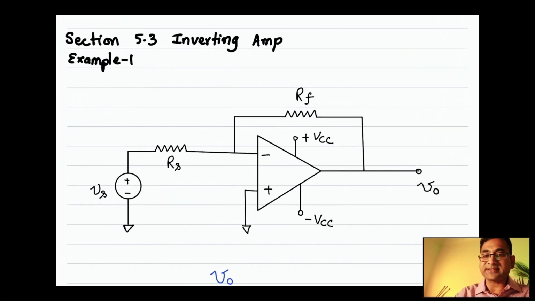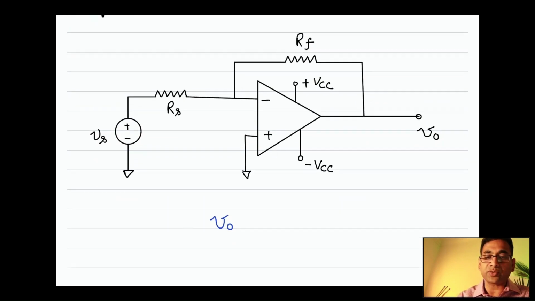So first of all, this is an inverting amplifier configuration because the input is tied to the negative terminal of the operational amplifier. Then of course there is a negative feedback configuration. Negative feedback configuration is common to all the circuits that we will be looking at in this course.